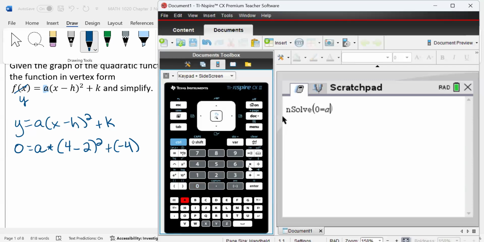And you need to put the multiplication symbol in there, otherwise it won't read this properly. And since we're using numerical solve, we're telling it to solve for A, you need to put comma A at the end. And then you hit enter, and A is equal to 1.